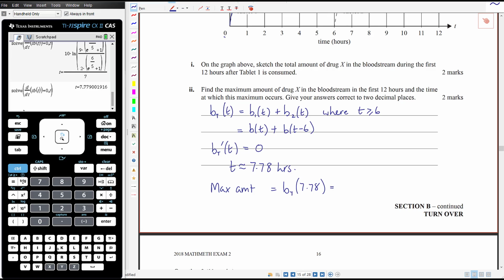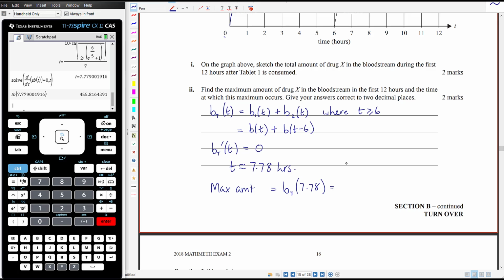So we want TB of, now I'm going to type it more accurately than that. We don't want to use a rounded answer to then create another rounded answer. So 7.79001916, I'm just typing out what I can see. And so that is correct to 2 decimal places, 455.82 milligrams.